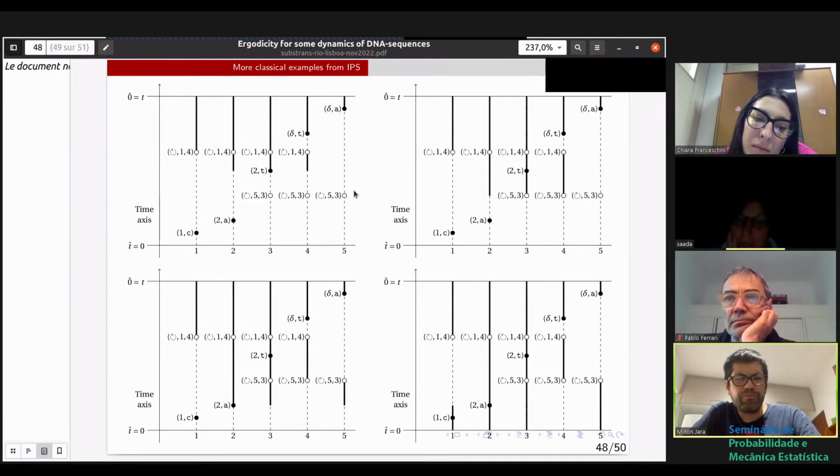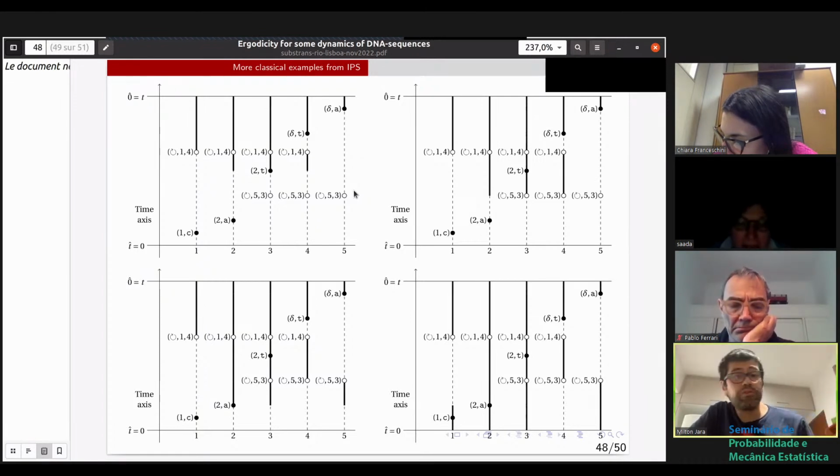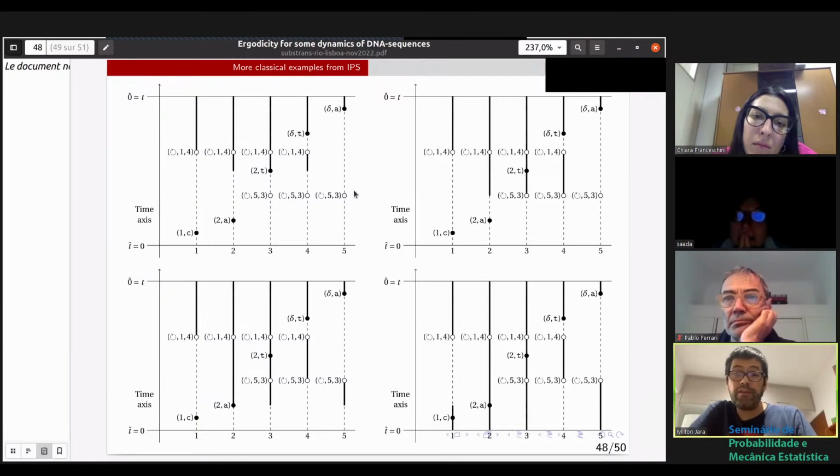Okay, I don't know it, so I will look at it. They use it for random walks in random environments, so it's a completely different context. But the theorem they prove is completely general. It's about Markov processes, and if the conditions are satisfied, they are satisfied. Well, thank you.